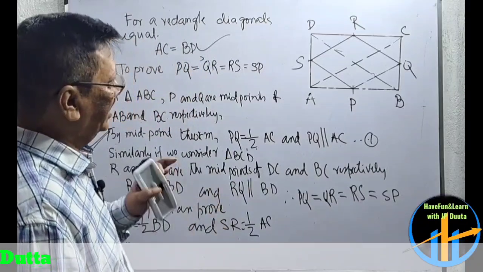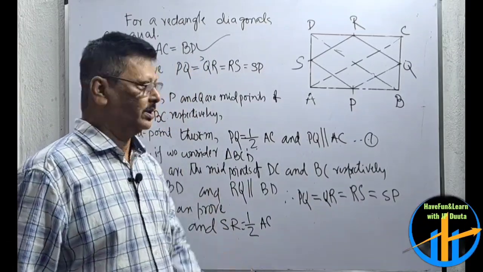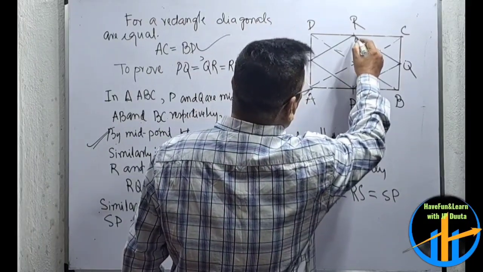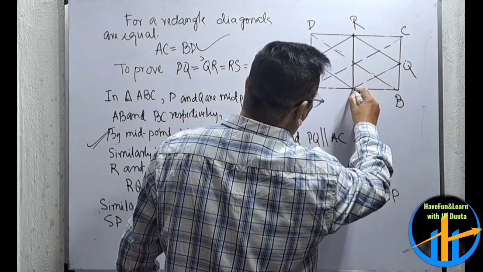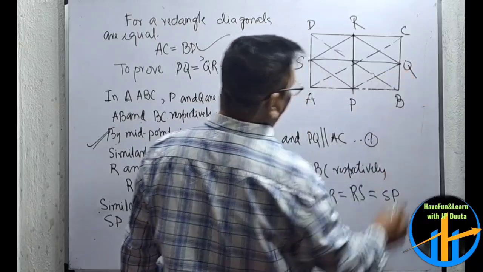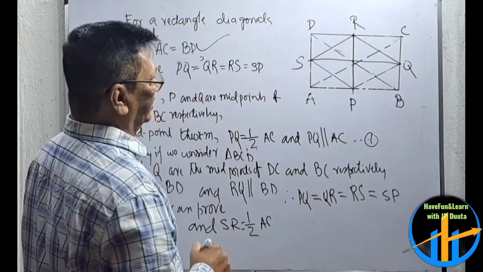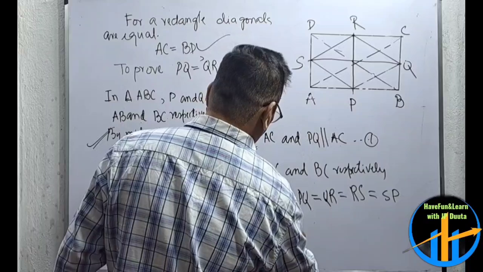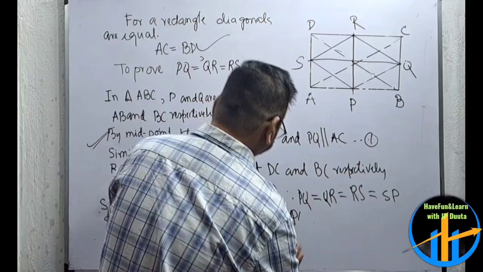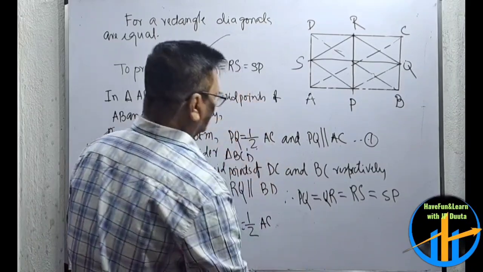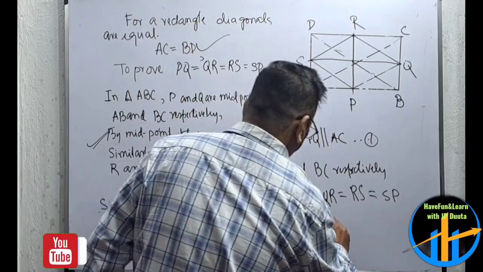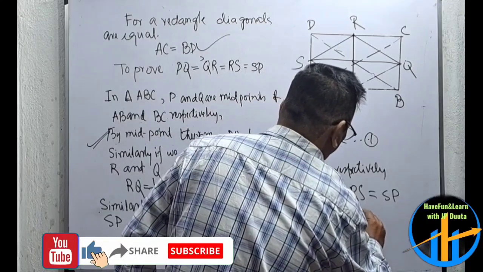Now we are sure it is a rhombus, but why not a square? See, for this, PR is the diagonal, and SQ is the diagonal of the other one. So the diagonals are not equal. So PQRS is a rhombus.